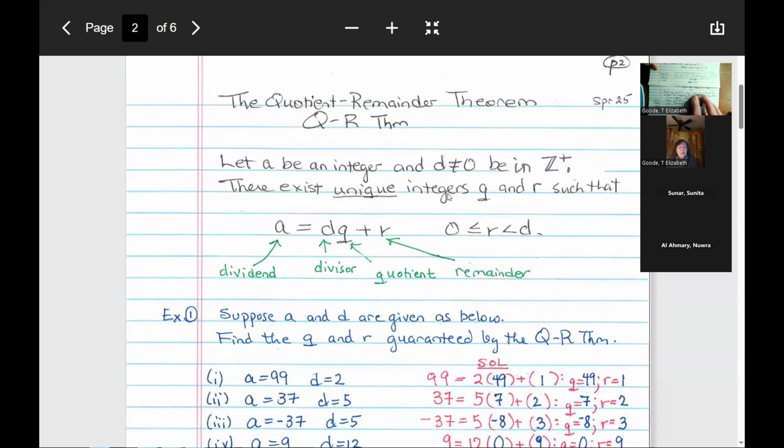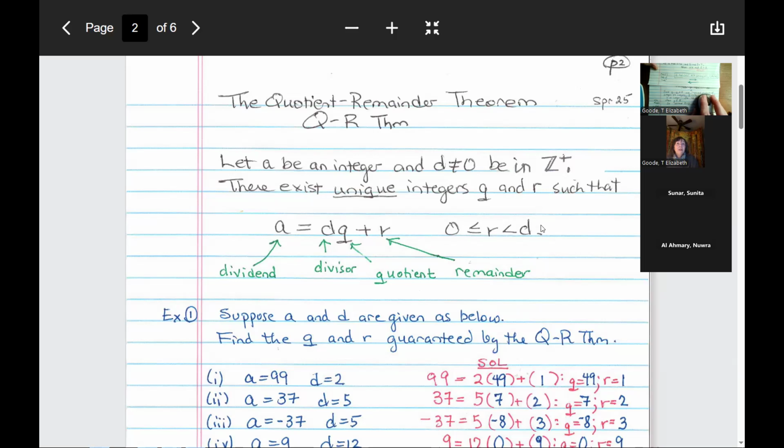Okay, so that's a big fat guarantee. It says there do exist integers Q and R, and they're unique. They're the only ones that will work given a particular A and a particular D. So it's an existence and uniqueness statement, which is a big deal in math. There exist unique integers Q and R such that we get this equation, this relationship between A and D, and R has bounds.